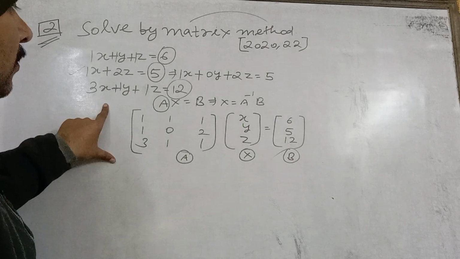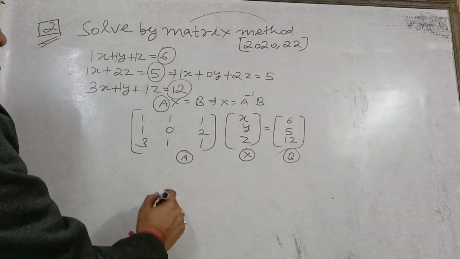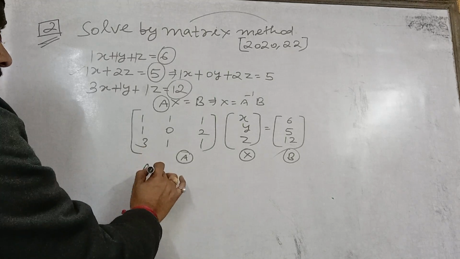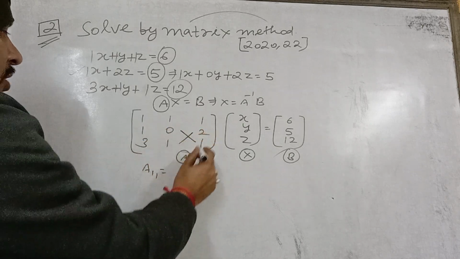Now we would find here A inverse. Very simple. Value of A is given. So A11, first row, first column, multiply -2.